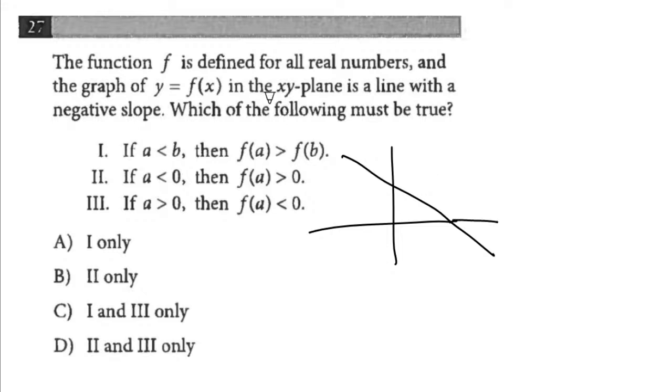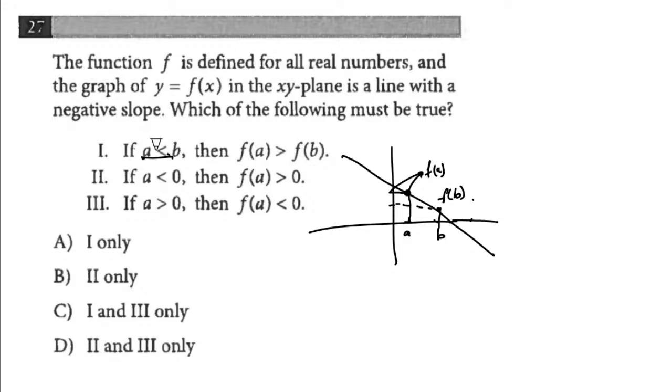It says, which of the following must be true? If a is less than b, then f of a is greater than f of b. Let's check. We say that a is less than b. So this is our a and this is our b. And it says the value of the function at point a. So this is our f of a, and this is our f of b.